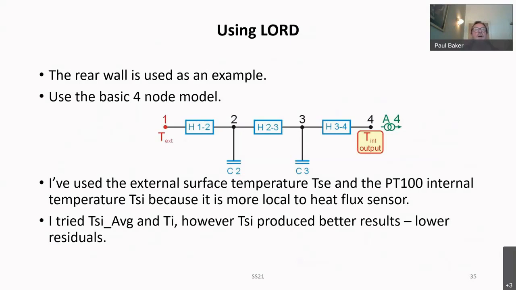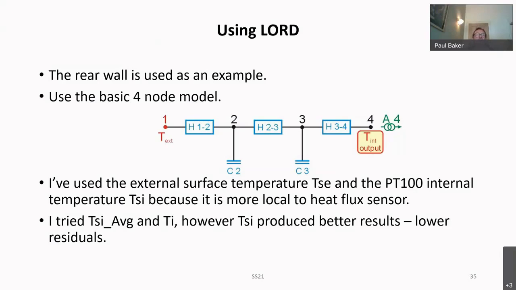Using LORD, here we're using the rear wall as an example, and I've used the basic 4-node model. I've used the external surface temperature, TSE, and the internal temperature, TSI, because this one is more local to the heat flux sensor.